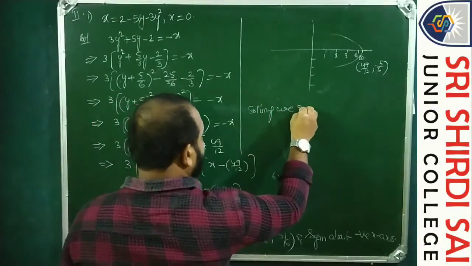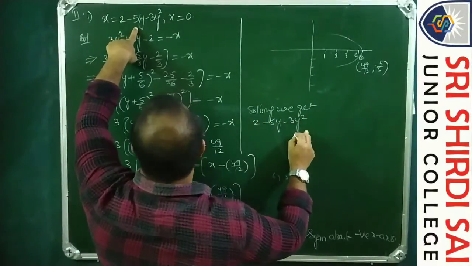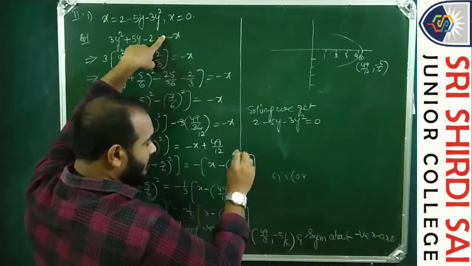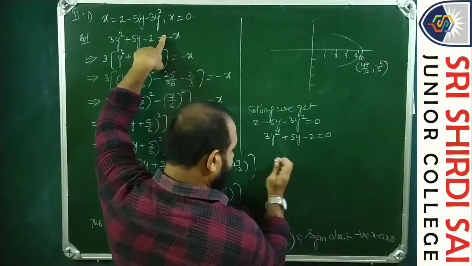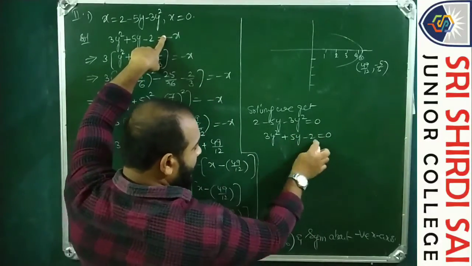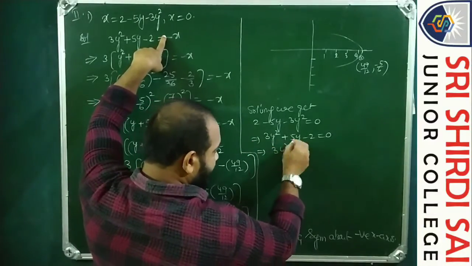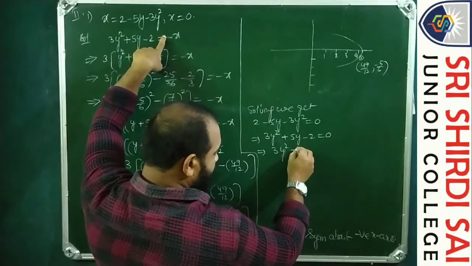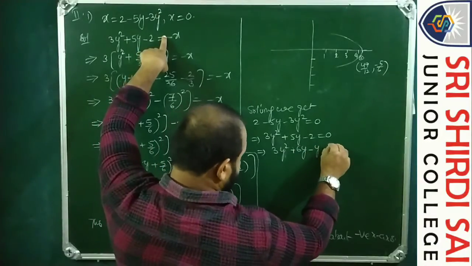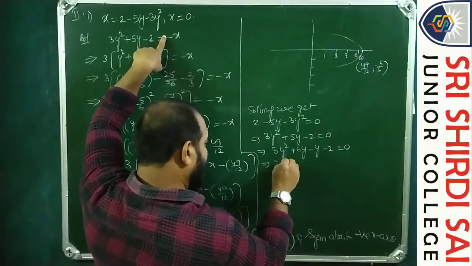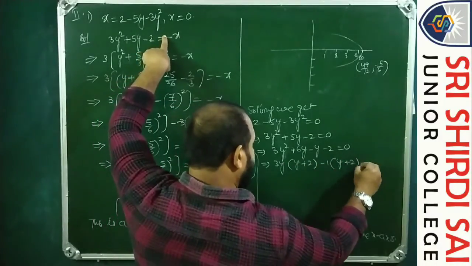Solving, we get 2 - 5y - 3y² = 0. This is 3y² + 5y - 2 = 0. This is 3 2s are 6, so we split: 3y² + 6y - y - 2 = 0. Taking 3y common, y + 2, and taking -1 common, y + 2, equals 0.